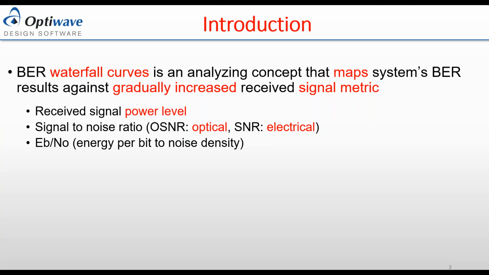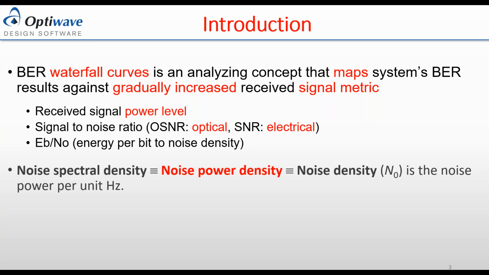This metric could be either a power level of the received signal, or a signal to noise ratio. If it is an optical signal, you have optical signal to noise ratio, or it could be electrical signal to noise ratio, or you may have the bit error rate versus energy per bit to noise energy or noise density.